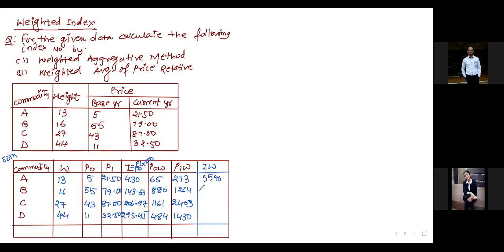What about other values? It's 143.63 into 16. That is 2298.08. Next value 5588.19, and next is 12999.8.